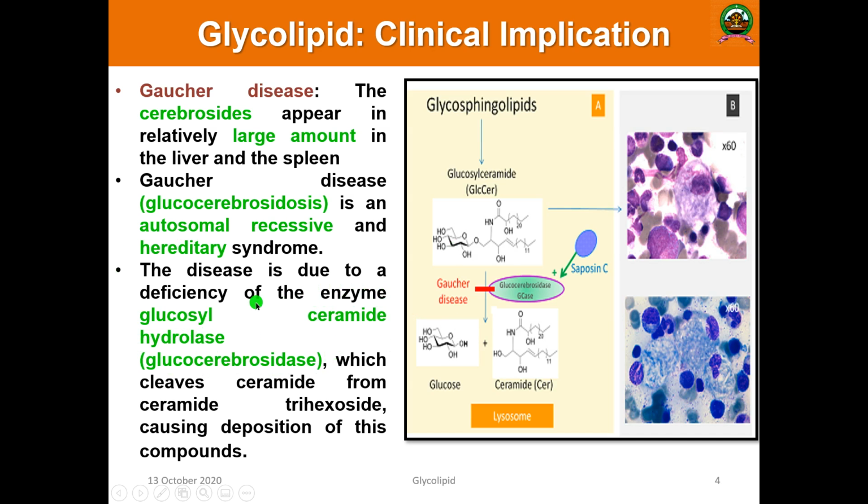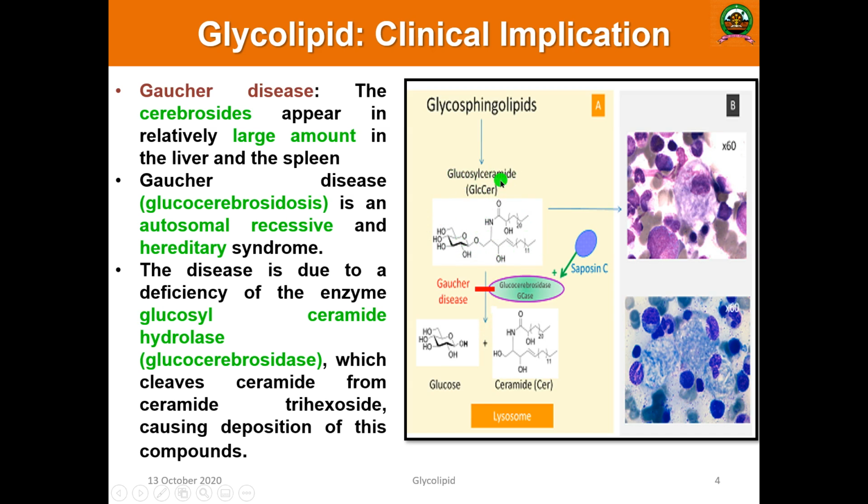This glucocerebrosidase cleaves the glycosyl ceramide that is commonly present in the glycolipids or glycosphingolipids. The bond between these compounds is degraded by this enzyme, which leads to glucose and ceramide. But in the absence of this enzyme, this cleavage will not happen.